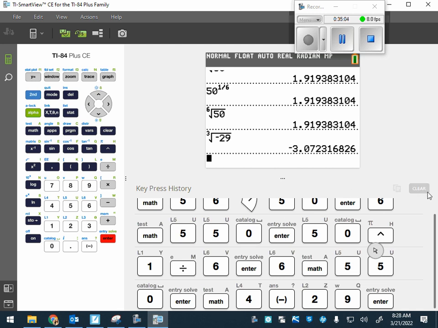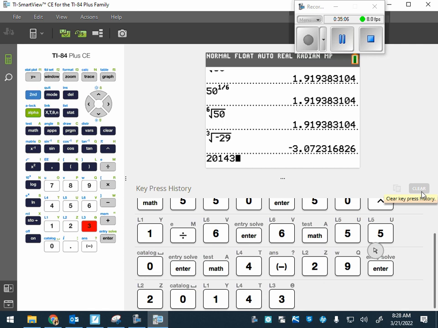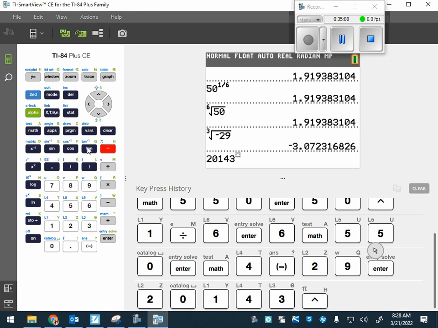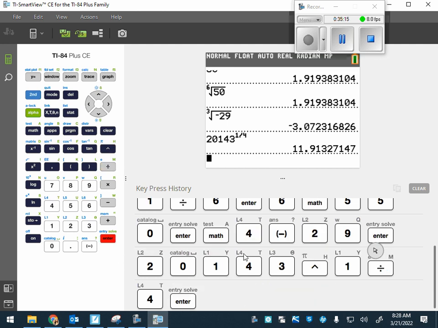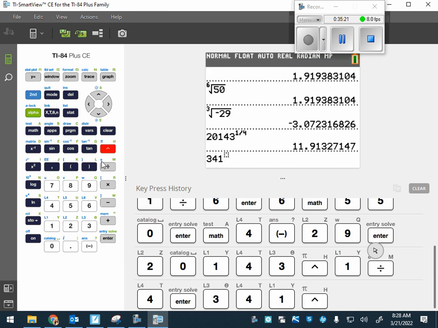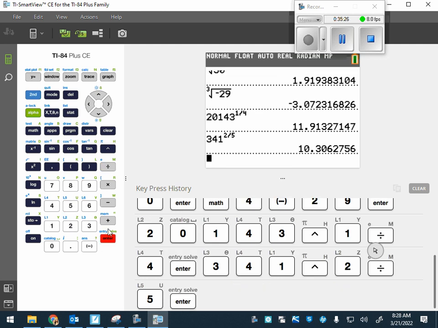The last two, 3 raised to, and the caret is where you raise to your exponent, the 1/4. Enter. That's what you get. And then 341 raised to the 2/5. This is what you get. Okay? So, again, for D, that's the 5th root of 341 squared.